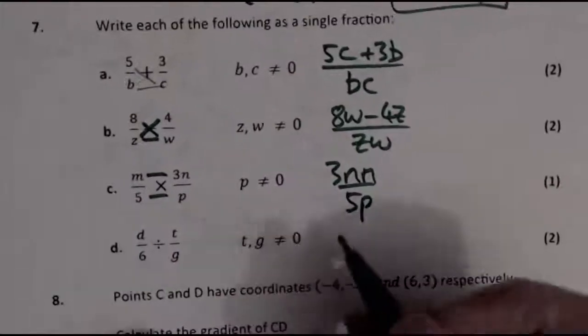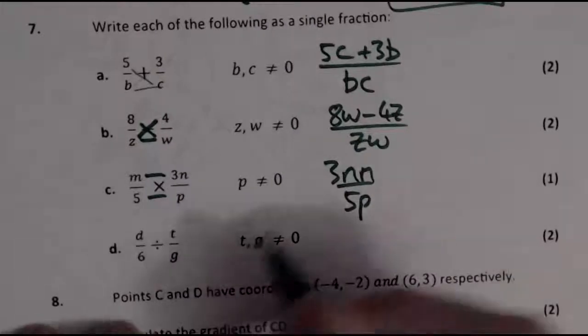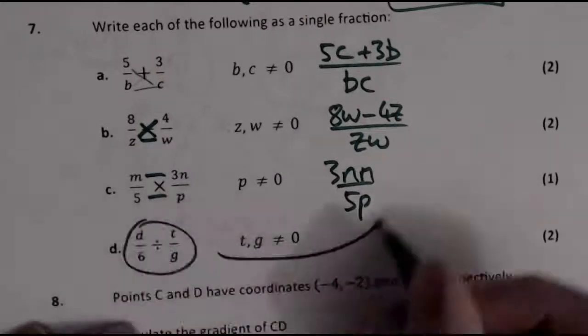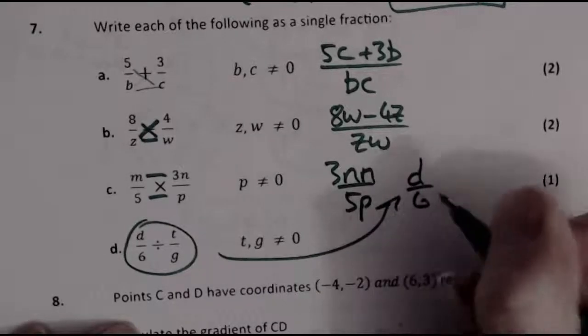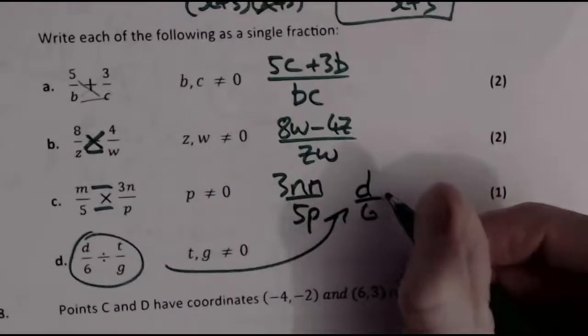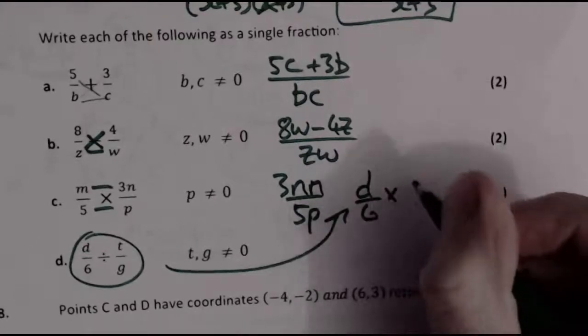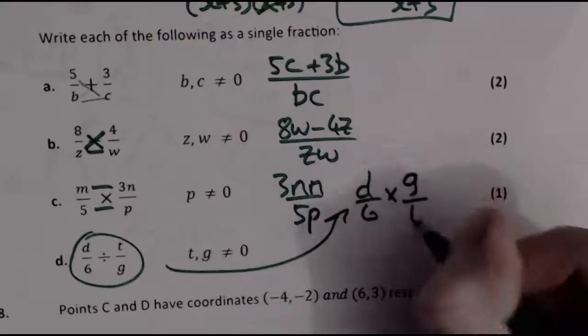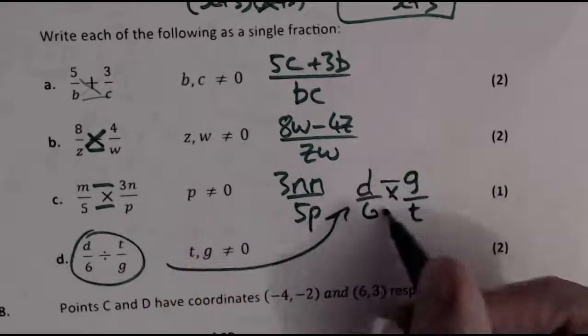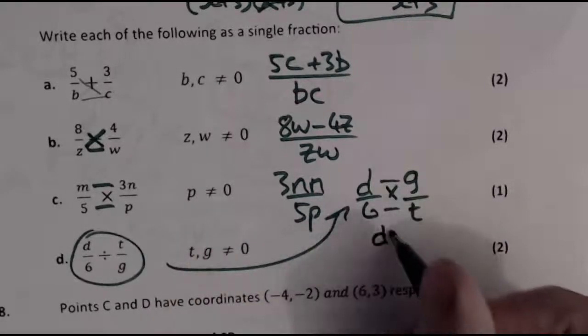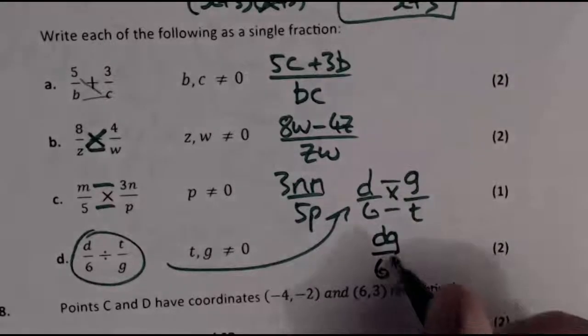This one's a wee bit different. I'll take that, I'll put that over here. It's t divided by 6. We actually turn it into a multiplication. We go times, and we just flip this round, so change the numerator and denominator, and then you're just back to this method. You times that, and then times that. So that's t times g over 6t.